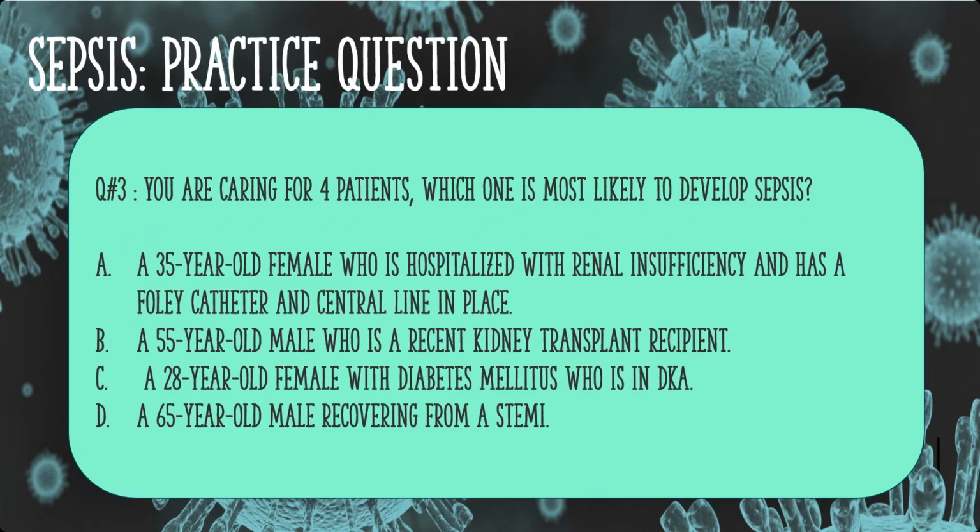But A is definitely probably our most at risk for developing sepsis. So renal insufficiency, our kidneys are already not working, has a Foley catheter, that's another source of potential infection, and a central line, a third source of potential infection there. So A is probably our most likely to develop sepsis.